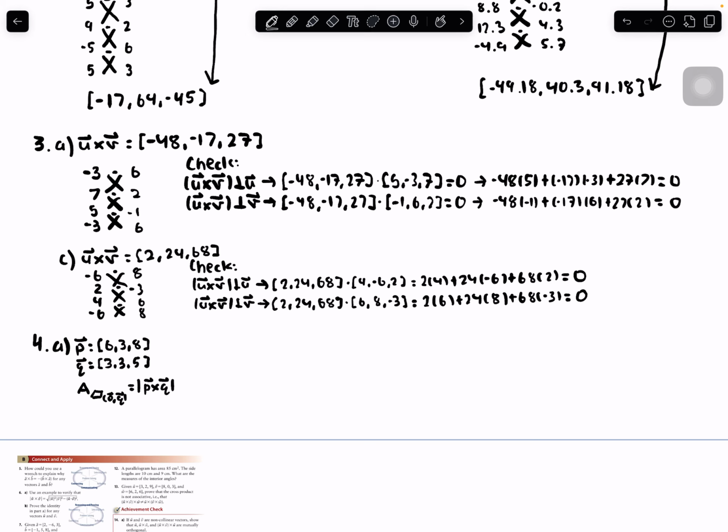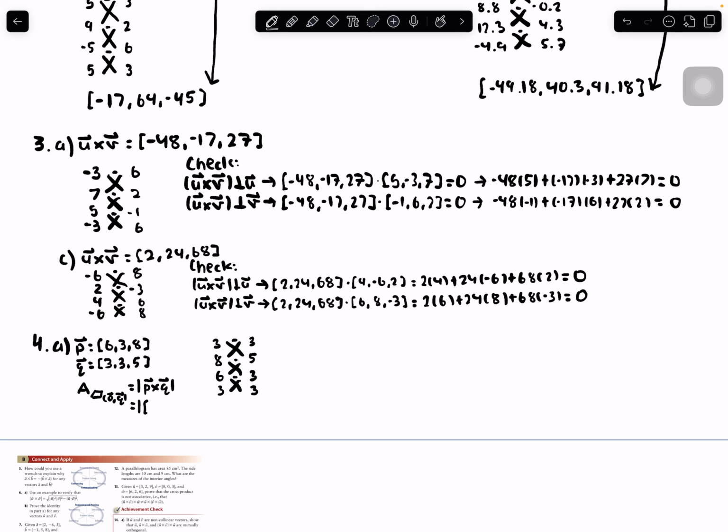So let's do that. So we have 3, 8, 6, 3. That's how you would write P down. Start from the second component, cycle back until you hit the second component again. Similarly for Q, we have 3, 5, 3, 3. Okay, cross, cross, cross, cross, cross, cross. And the subtraction symbols. What's the vector we get inside?